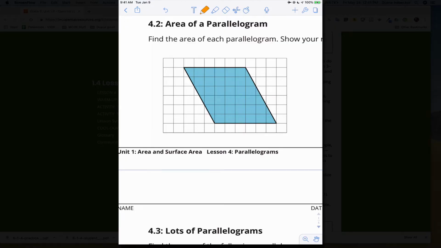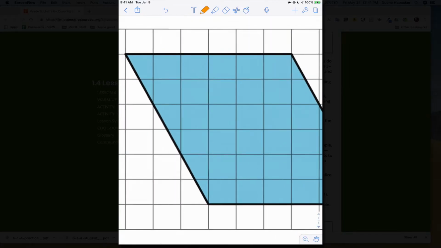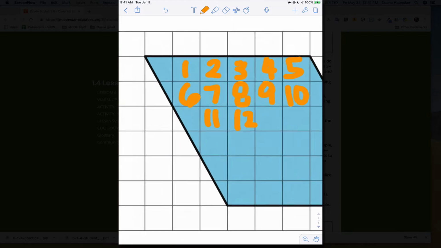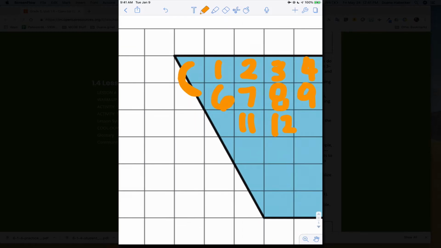One thing they might do is start individually counting every single square. 1, 2, 3, 4, 5. Initially they might skip all those fractional squares and just count all of these squares, 9, 10, 11, 12, etc. And then they're going to start piecing these together, like these 2 together equals 1.